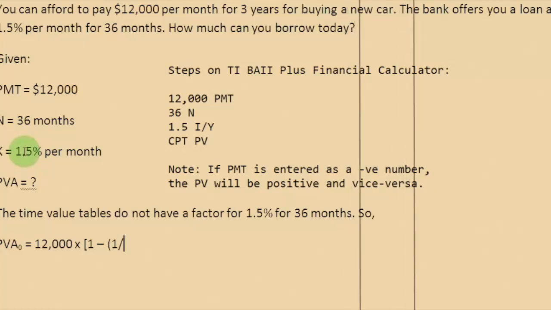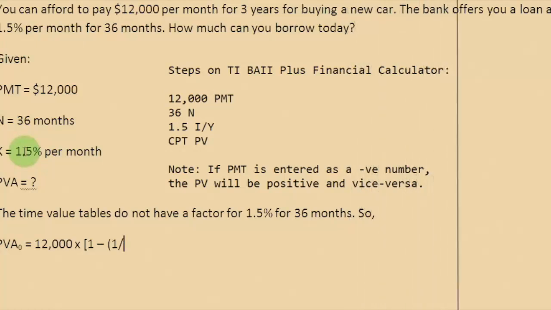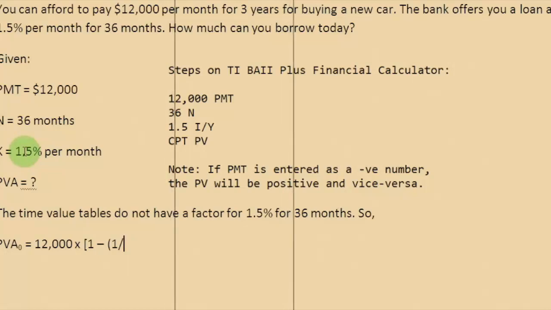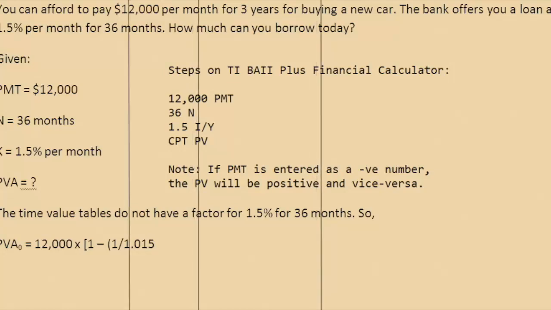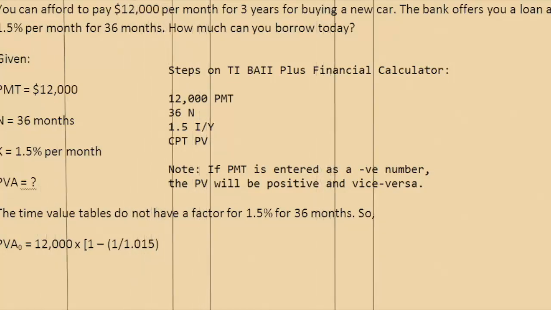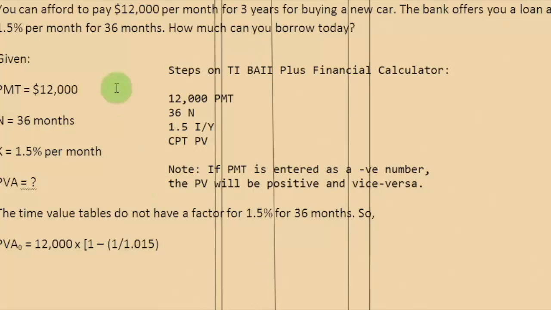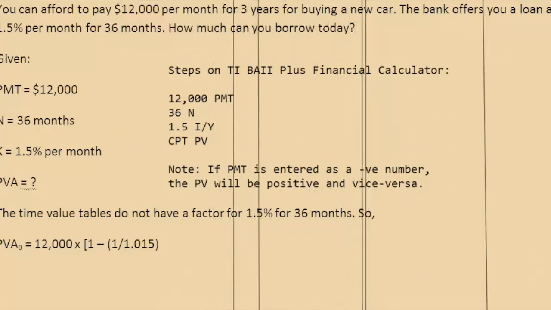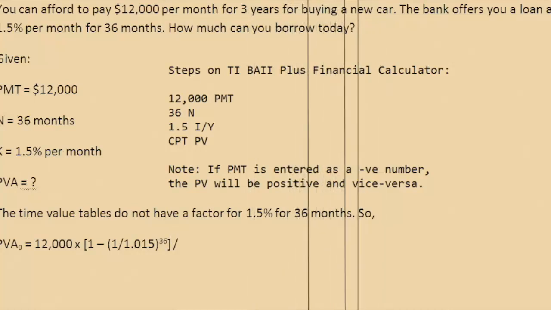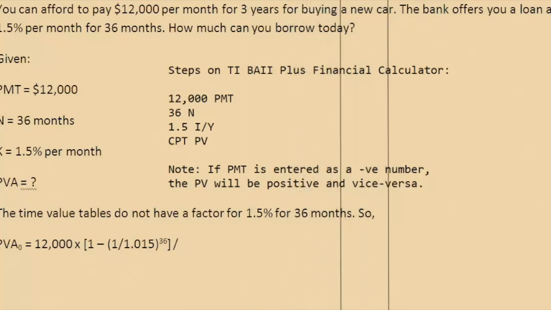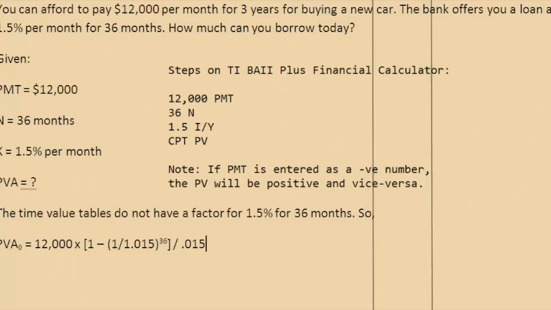The k is 1.5%, or in other words 0.015. So 0.015 plus 1 is going to become 1.015. So I'm writing it directly here, and then I'm going to raise this thing to the power of time periods, which in this case is 36 time periods. And then I close the bracket and divide the entire thing by my interest rate, which is 0.015.